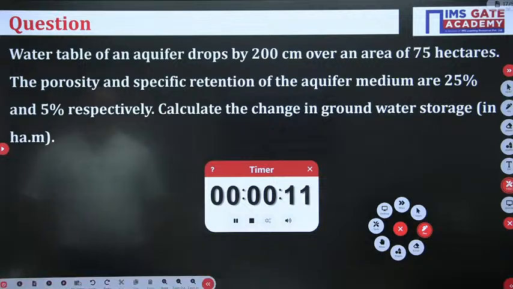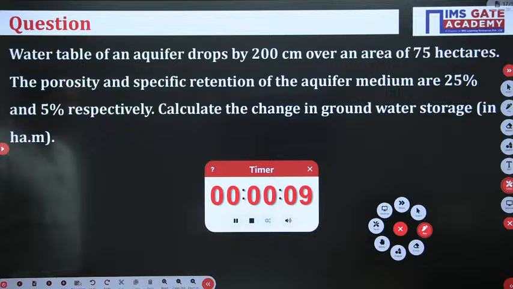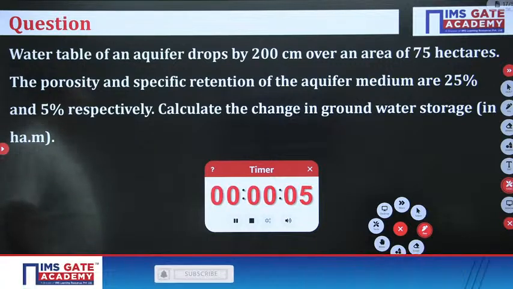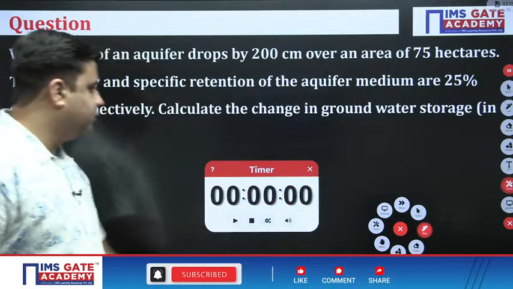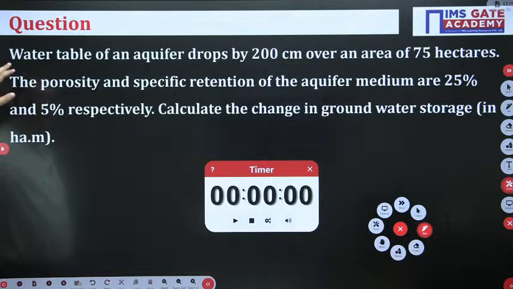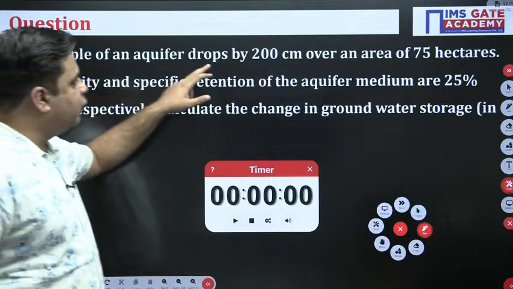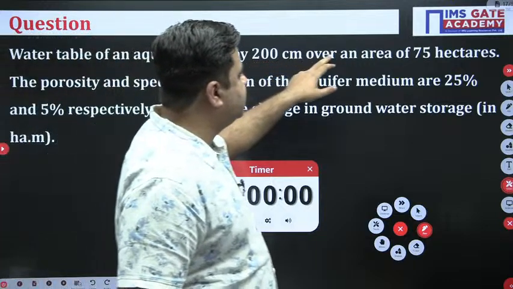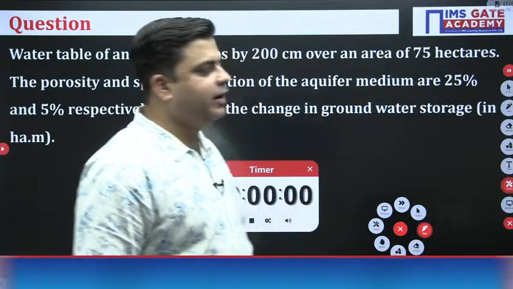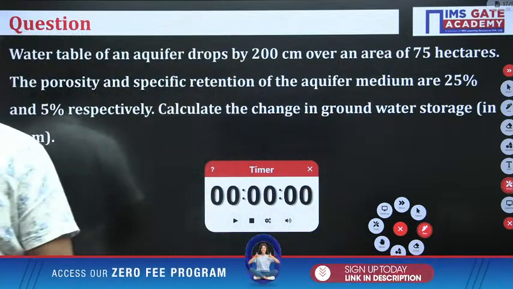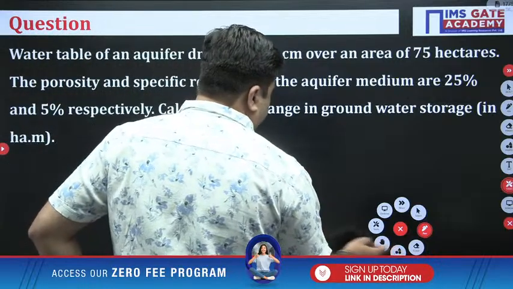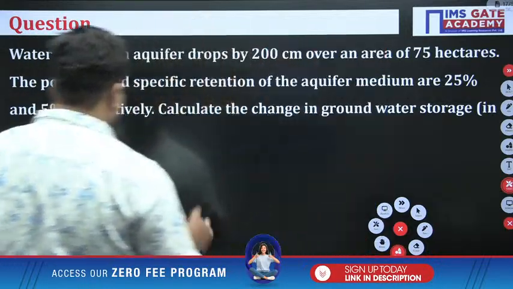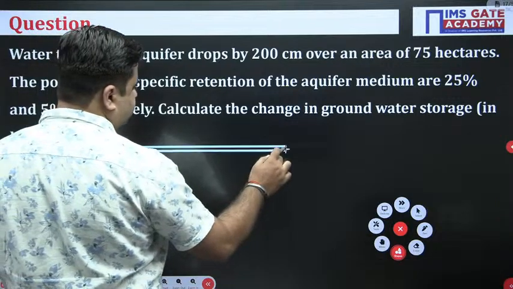It's a very important variety of question. So let's see. Question says that water table of an aquifer drops by 200 centimeter over an area of 75 hectares. Visualize this situation in your mind. So this is your ground level.